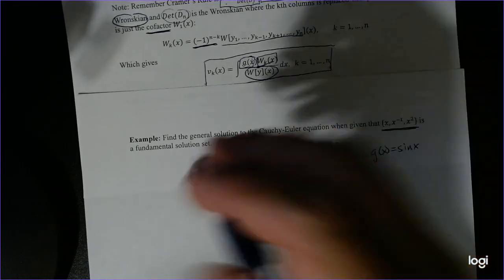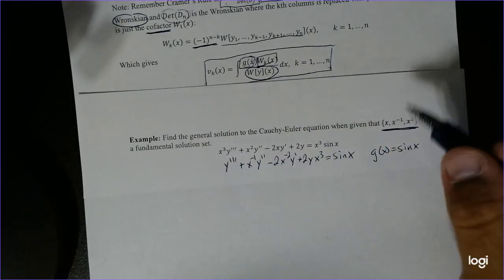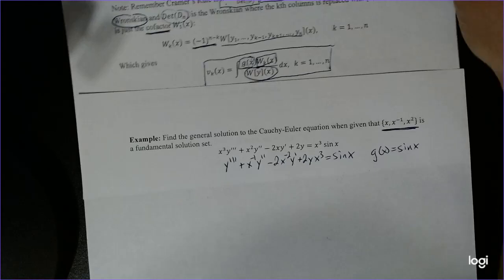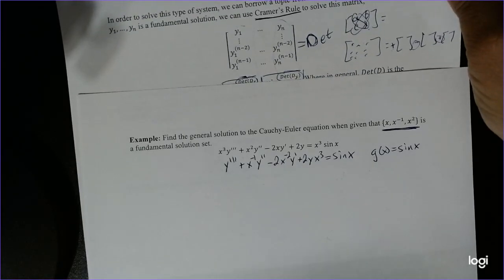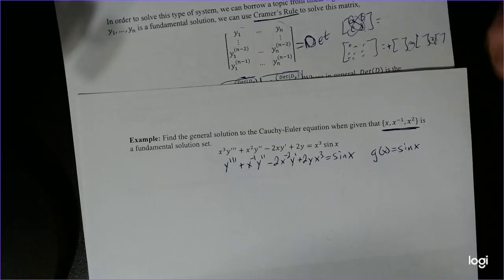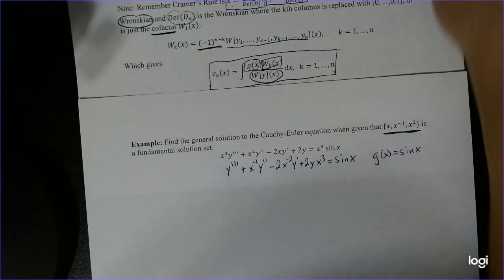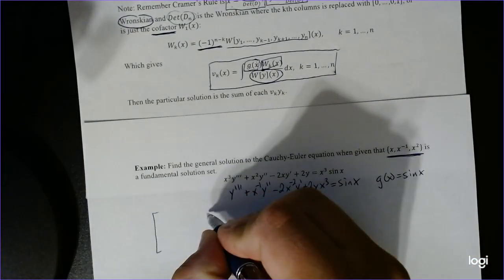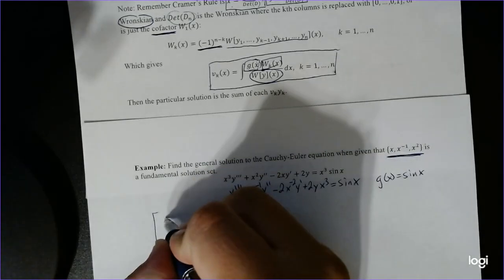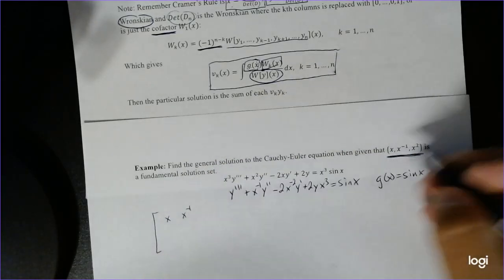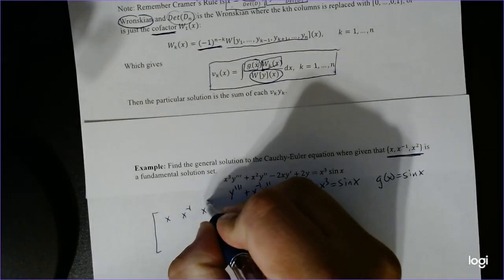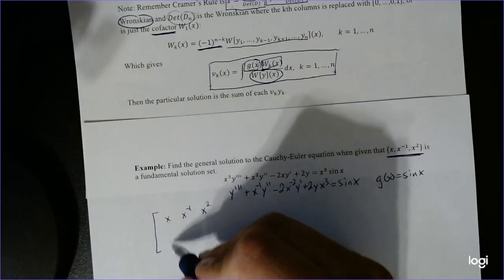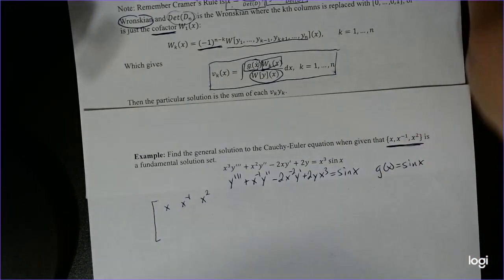First off, we're going to make our actual Wronskian matrix using the derivatives of our fundamental set. The first row is going to be the actual fundamental set, so x to the negative 1 and x squared. And we're just going to take the derivative twice according to our rules.